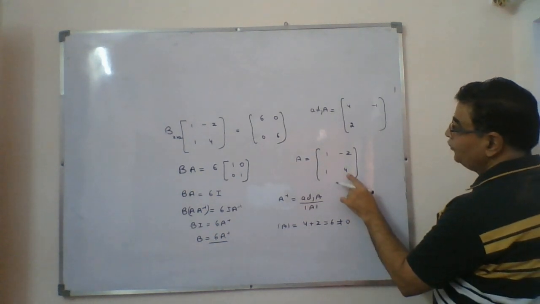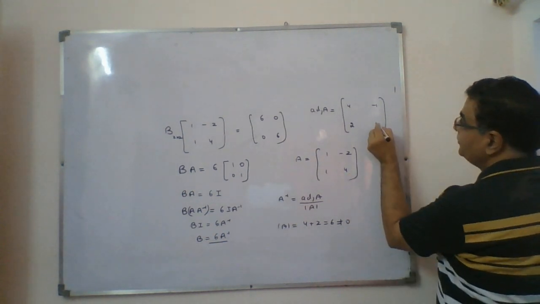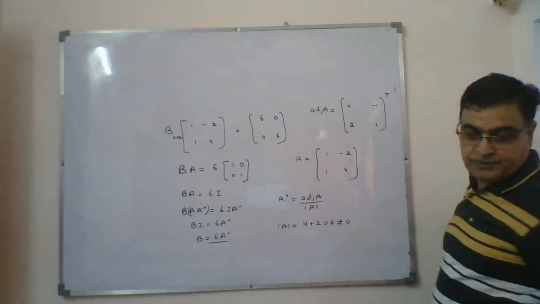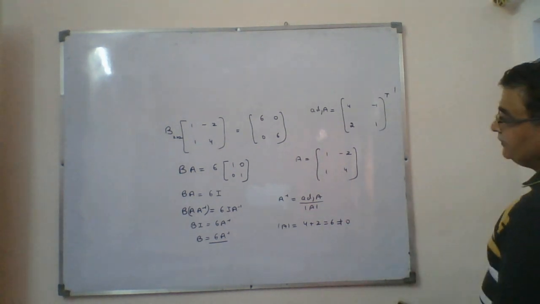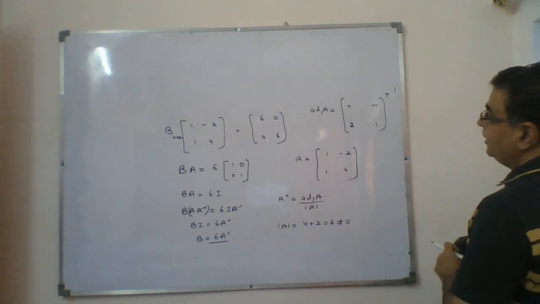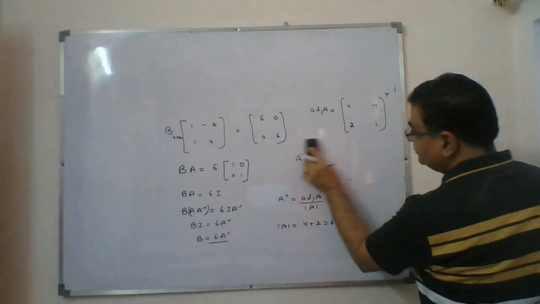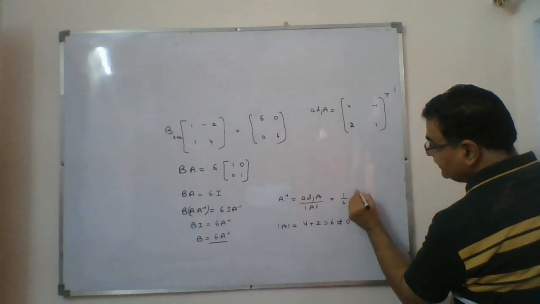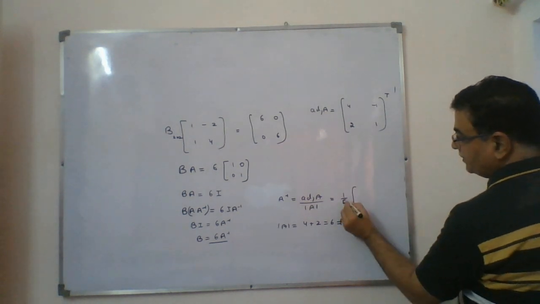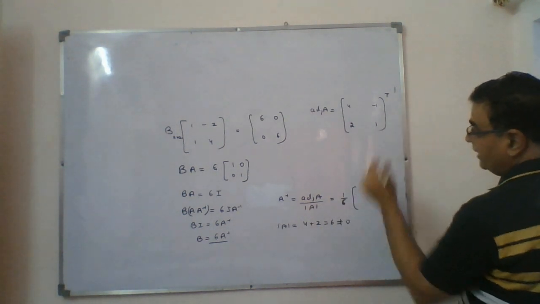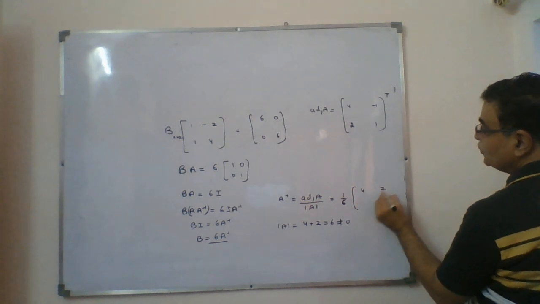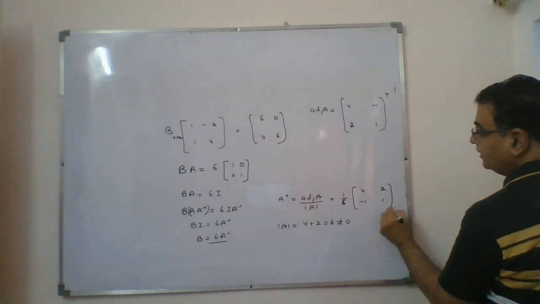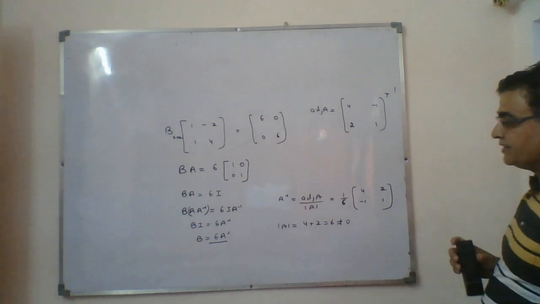And when you take this 4 element, the cofactor will be 1, and then take the transpose. Now we got the adjoint and the determinant, so it will be 1 by 6, that is determinant A, and then this will be 4, 2, minus 1 and 1. This is your A inverse.